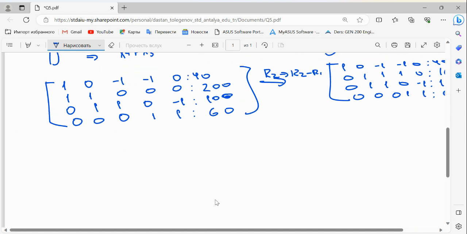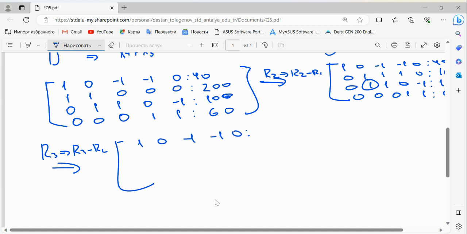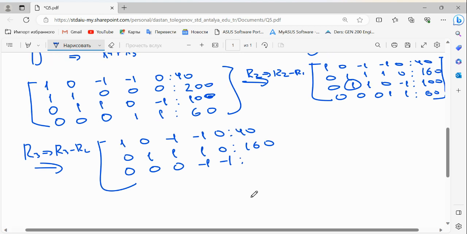The next row operation: since we want to get 0 here, R3 is R3 minus R2. So 0, 0, 0, minus 1 again, and minus 60.